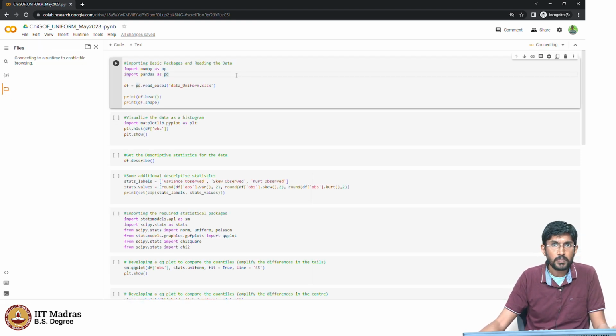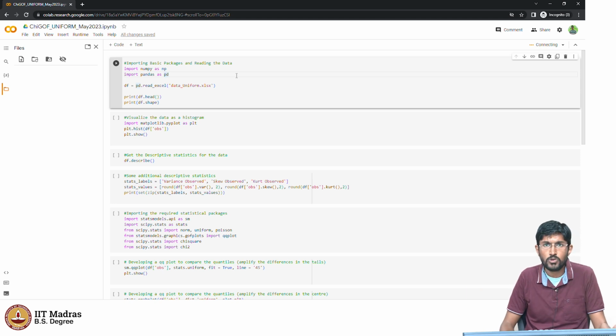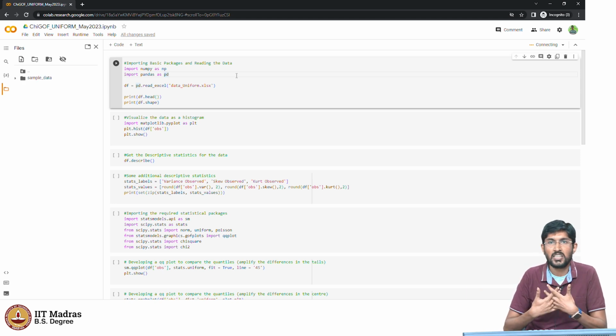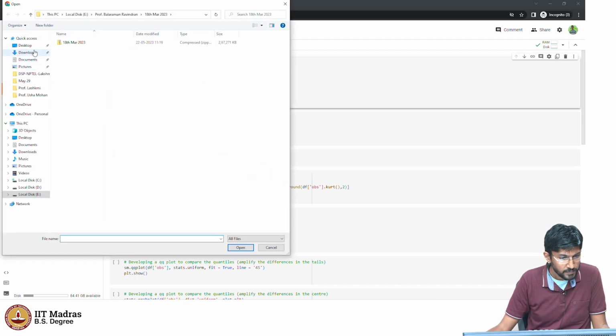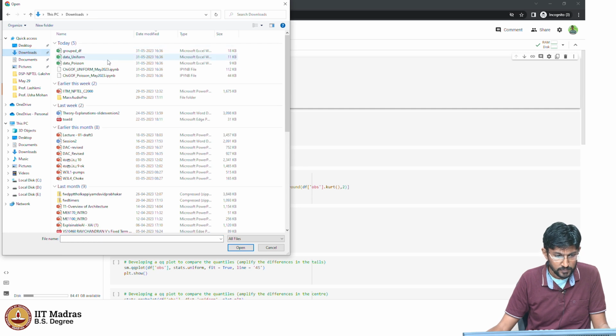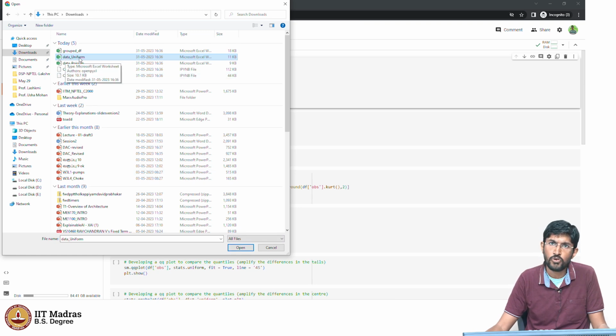In the first step, in any tool that we use, we need to load the necessary packages, the basic packages, and then the data set. Let me load the data set into this tool. For this demonstration, I am going to use data known as data underscore uniform.